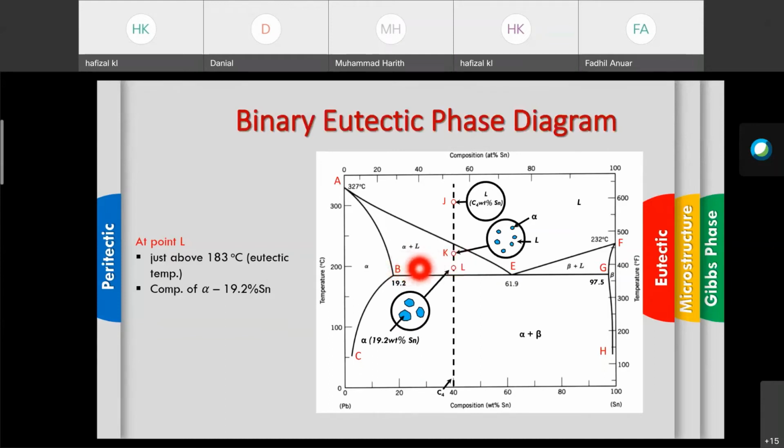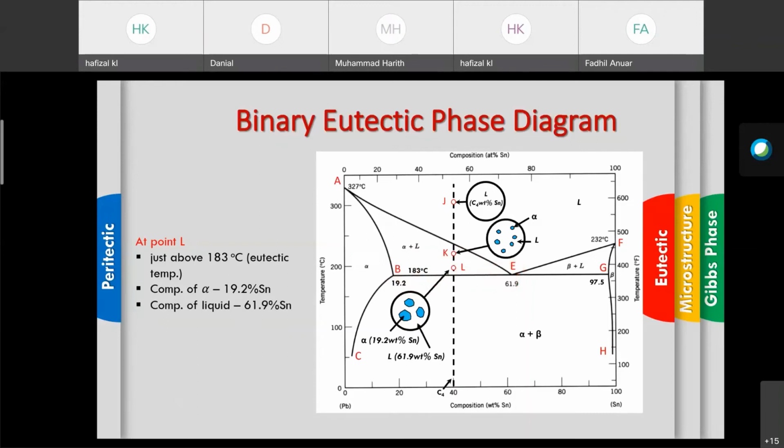We make a horizontal projection. We have 2 points here, point B and point E. At point B we have the beta, alpha point. The value is 19.2, and at point E we have the different phase, the liquid phase of point E, which is the value of 61.9 here.